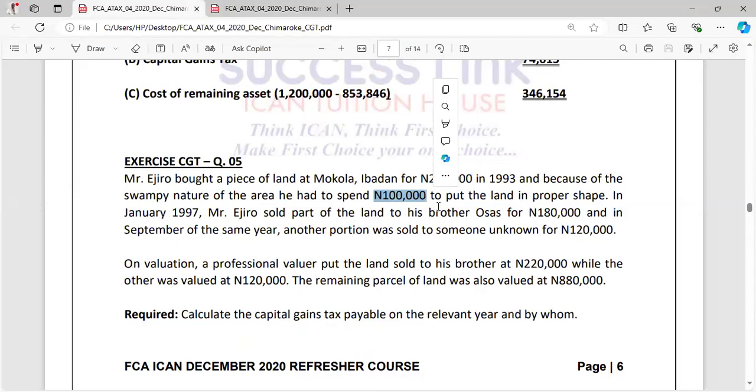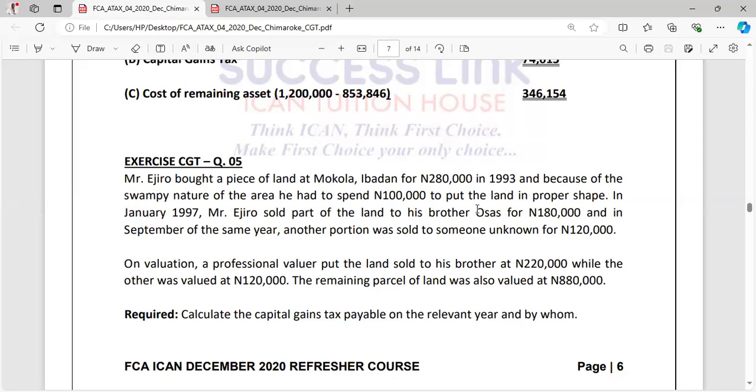This 100,000 was used to improve the whole asset before it was disposed of. Take note, this 100,000 was not used to improve only the part that was disposed of. It was used to improve all the assets before it was sold.